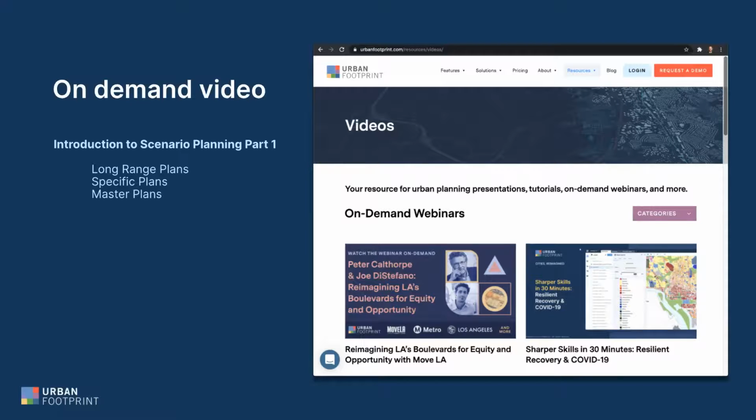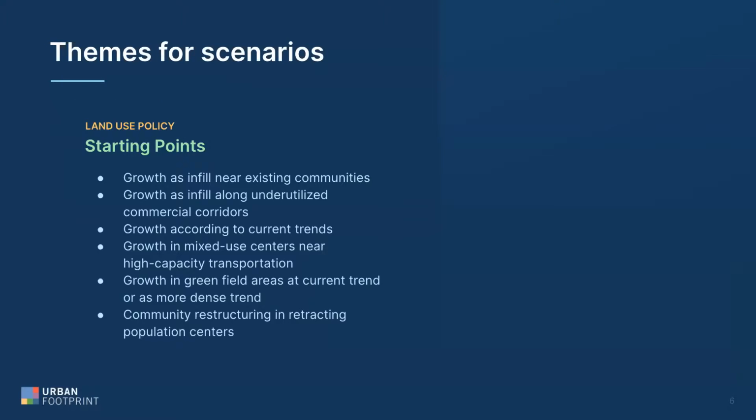You can go back and review Part 1 of the scenario planning webinar, which covered 3 types of plans and how you can implement those in the platform: long-range plans with a bigger scope and a longer time frame, specific plans at the neighborhood level, and master plans, which get down into individual sites. Definitely check that out before you get too far into your scenario planning efforts.